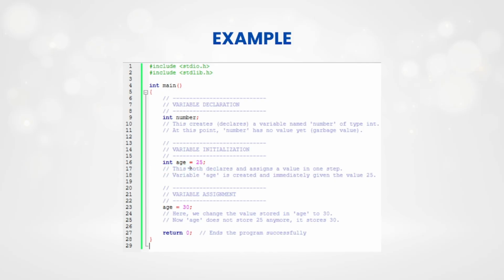So if you want to change the value of age, all you have to do is place the variable name and put an assignment operator, then add any value you want for this variable age. So that is variable assignment.